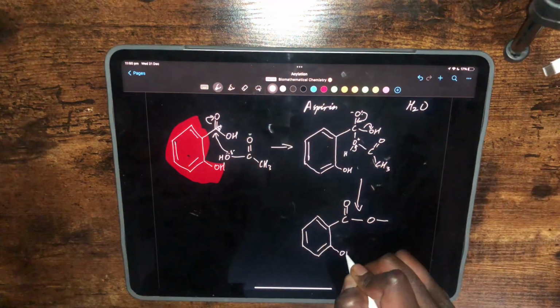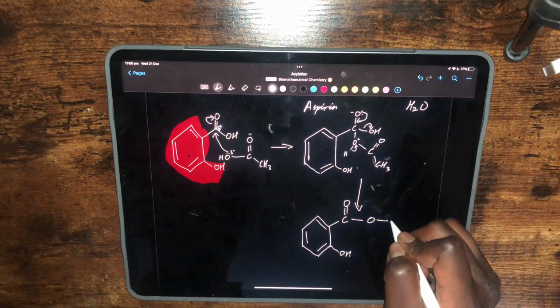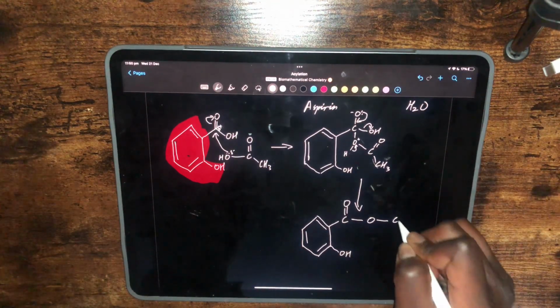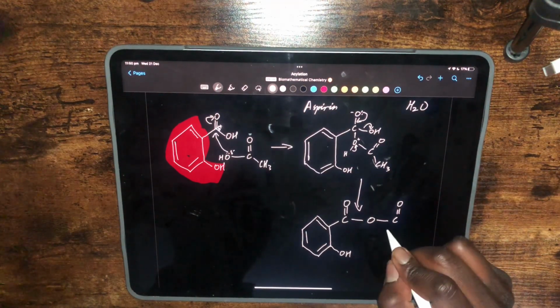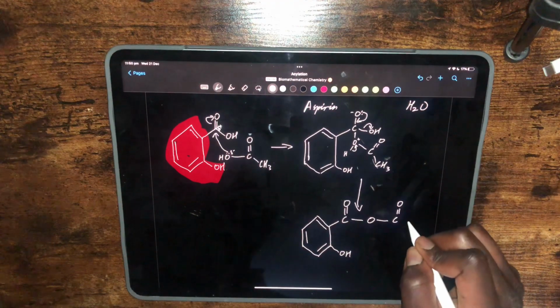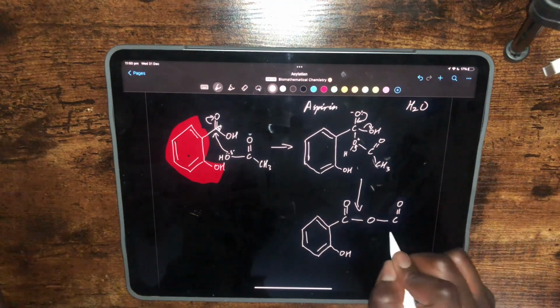But yeah, ester bond here. No, I'm not going to make an assumption what type of bond that is, but you can see what's been formed here.